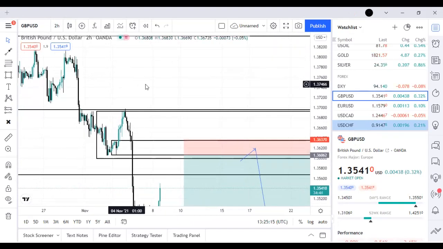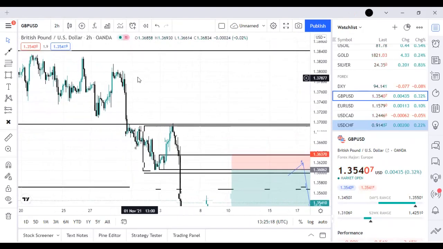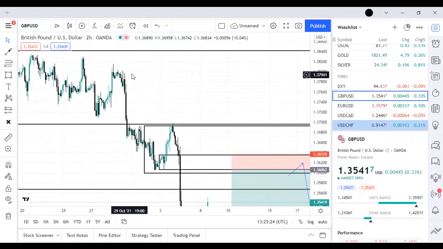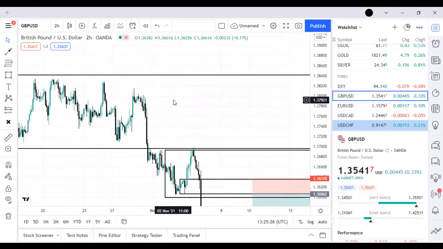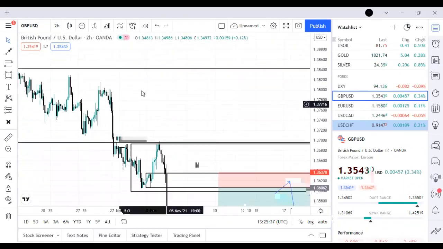You need to understand the market structure, how the structure moves, which structure you need to use to place a trade in the market, and which structure you actually need to focus on to give you a very good directional bias in the market.